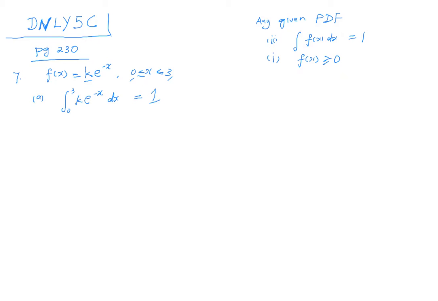So this is something that you yourself put in. No one is going to tell you that. Okay, so now, since k is a constant, what we can do is, I can take out the k. So this is k multiplied by the integral of this, correct?